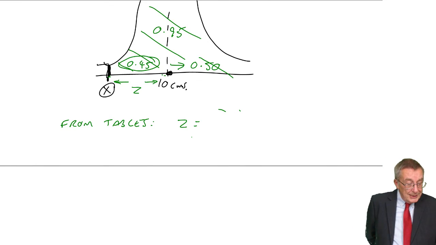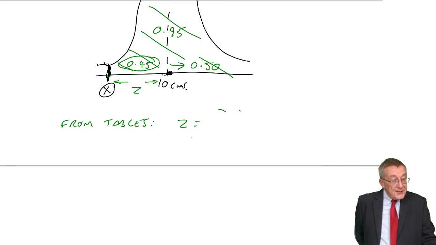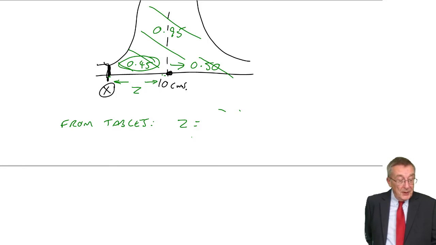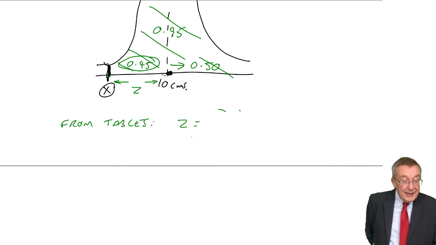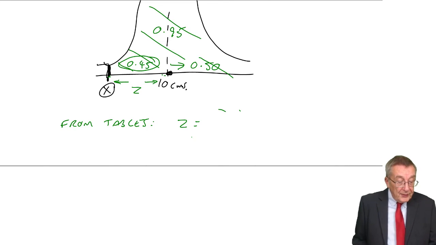That's too much. Look at 1.60. 1.60 gives us 0.4452. If we move along, 1.61 is 0.4463, 1.62 is 0.4474, then 0.4484, 0.4495, 0.4505.